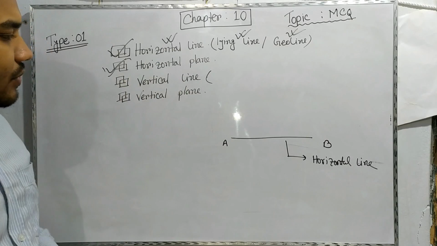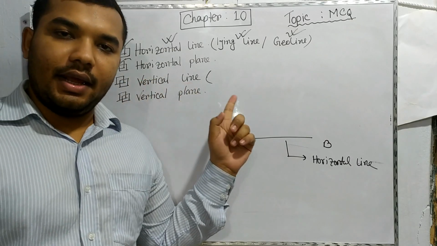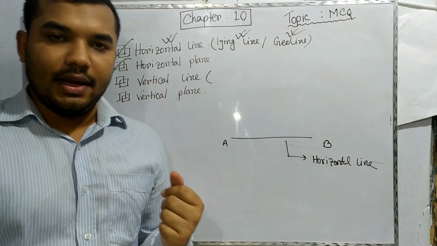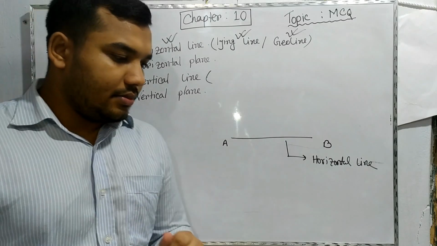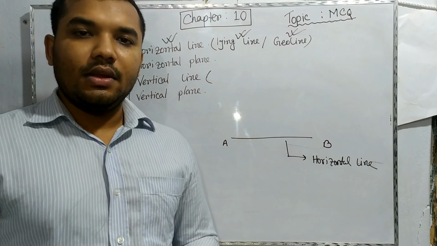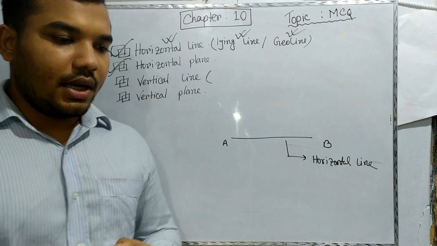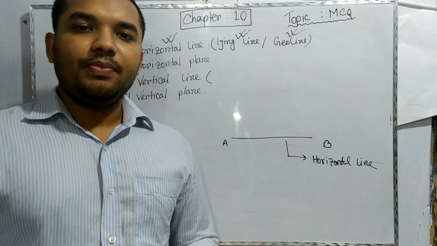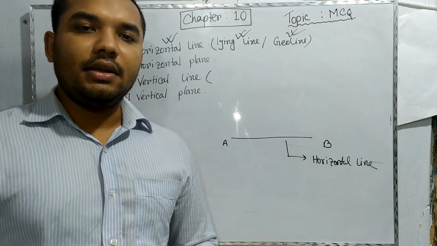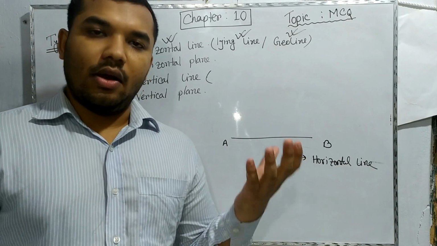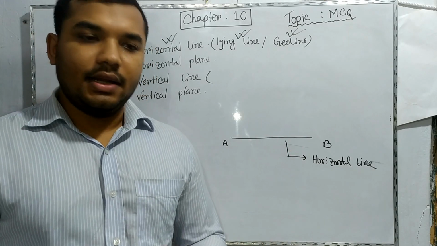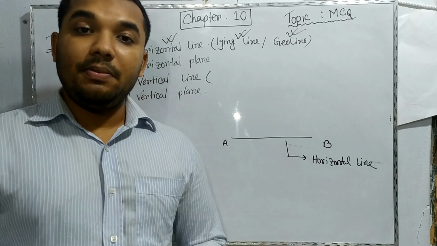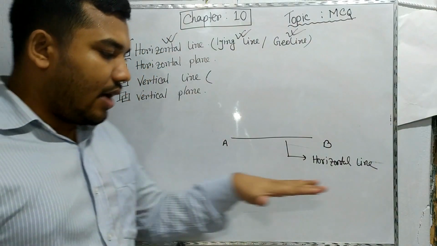Okay, now we are talking about the vertical line. What actually is the vertical line? Let me tell an example. Suppose a tree generally grows on the ground. If we are thinking that the ground is the horizontal plane, then suppose this is the ground surface.